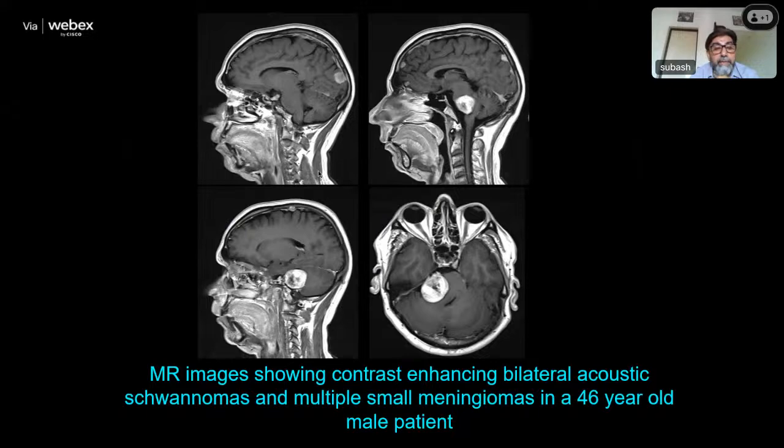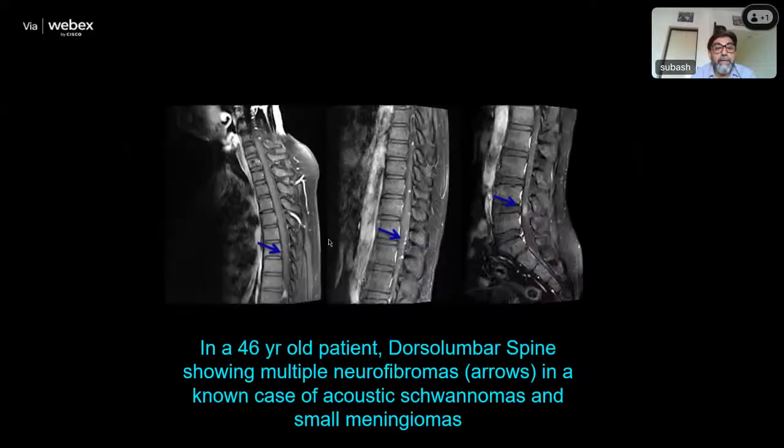So this is another case of schwannomas in the brain, and meningiomas. You can see the bright regions here in a 46-year-old male patient. You can see acoustic schwannomas in the brain. This is again neurofibromas in the lumbar, dorsolateral spine.